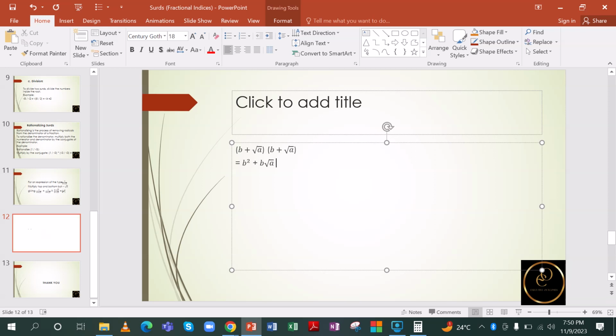Then you have also the square root of A times B. Square root of A times B will be the same here.